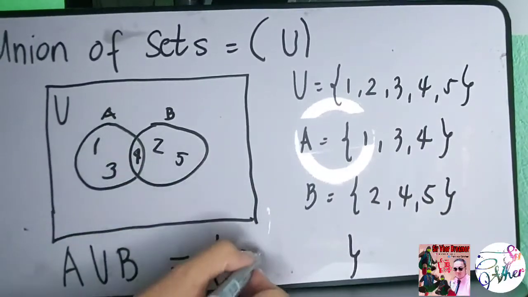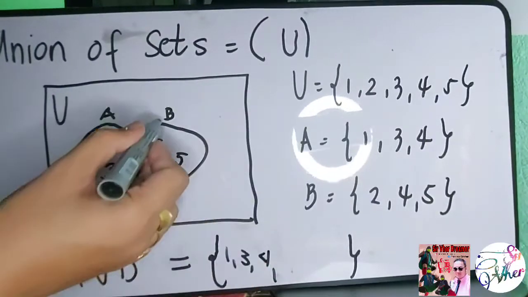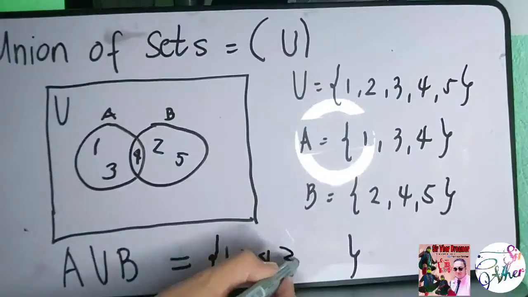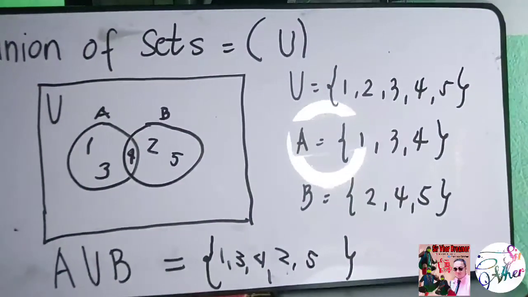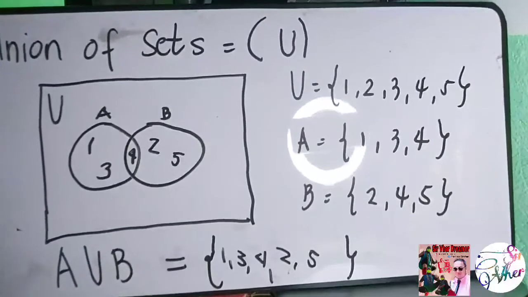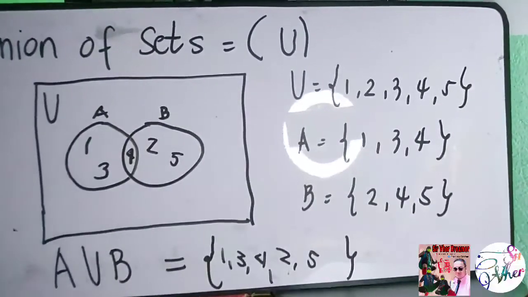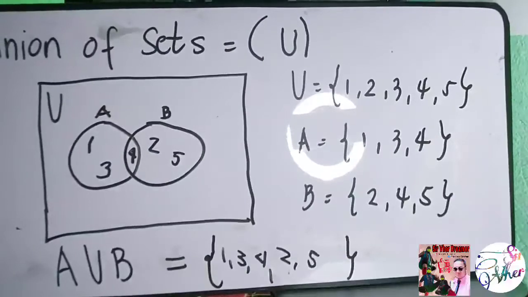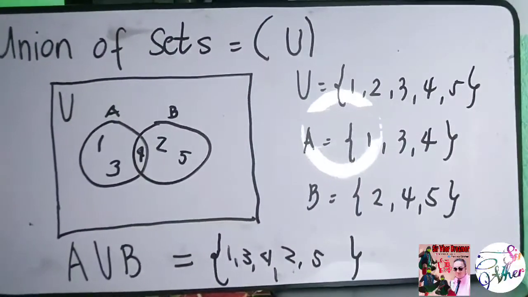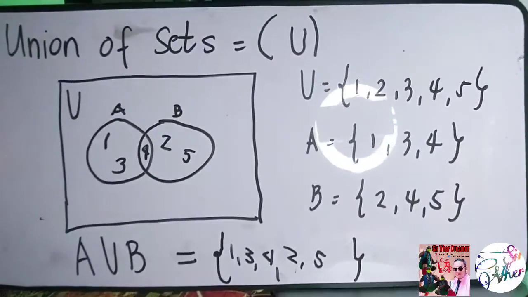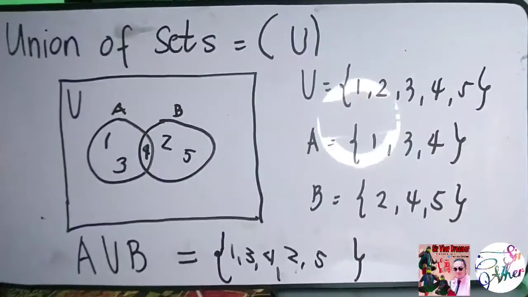Then the common element 4, plus from set B, 2 and 5. So we have the elements 1, 3, 4, 2, and 5. You can also write the elements in numerical order. Okay? So that is the union of sets. You combine or merge the elements.